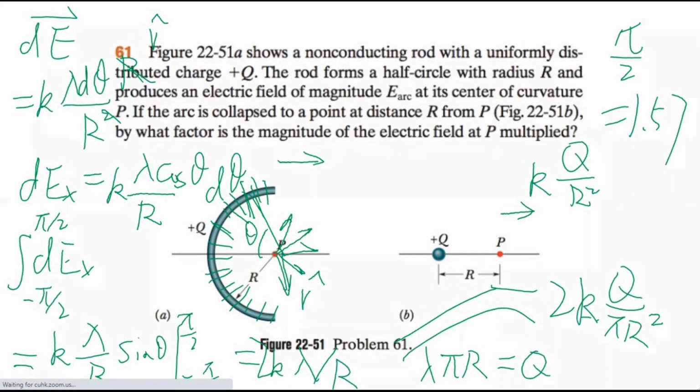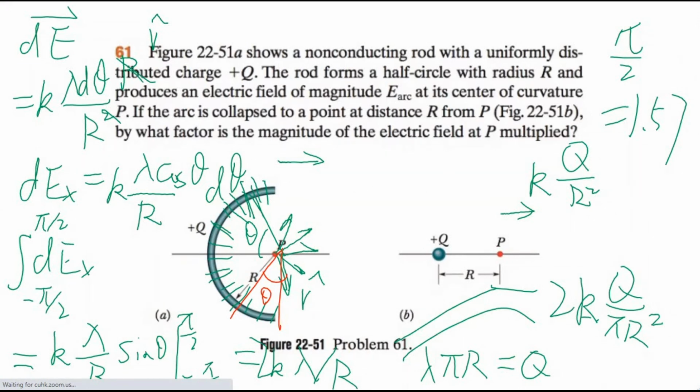Okay, someone is asking, is lambda Q over pi r? Yes, that's correct. And secondly, can we integrate from 0 to pi? Well, that depends on how you define theta. In general, you can integrate from 0 to pi as long as you define theta as this angle.